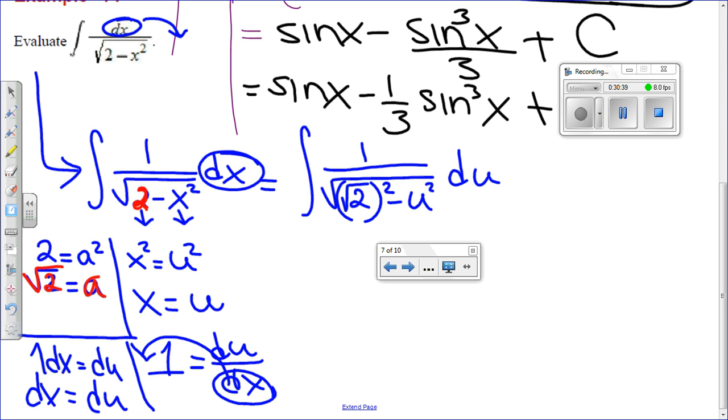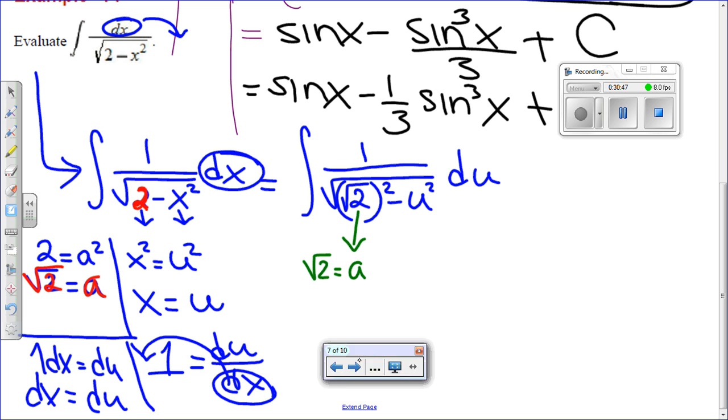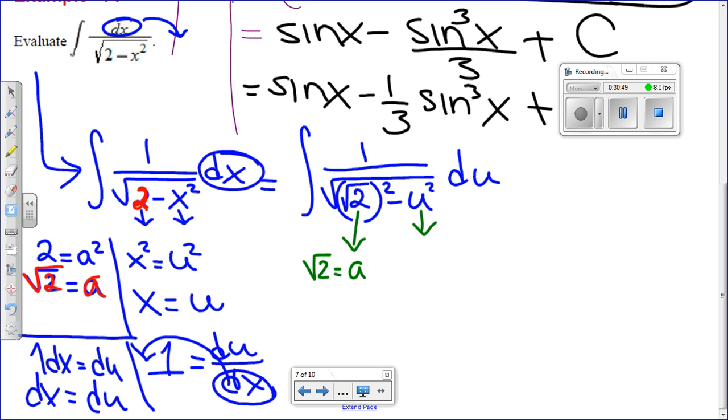So now that we have something that looks like that, the square root of 2 is equal to a, and u is equal to x. So we can compare to our formula, and that will be the one that says sine inverse of u over a.